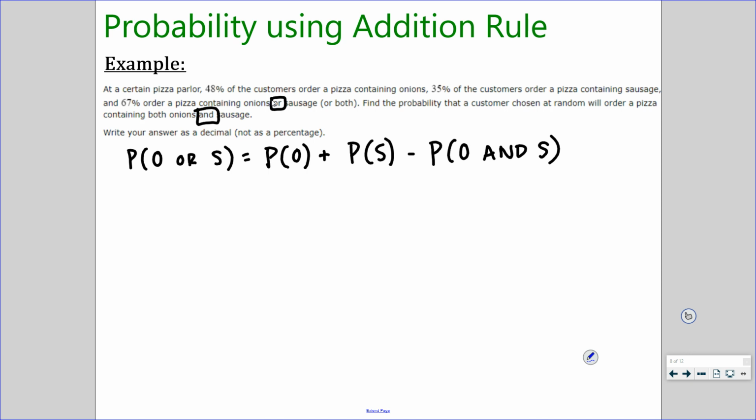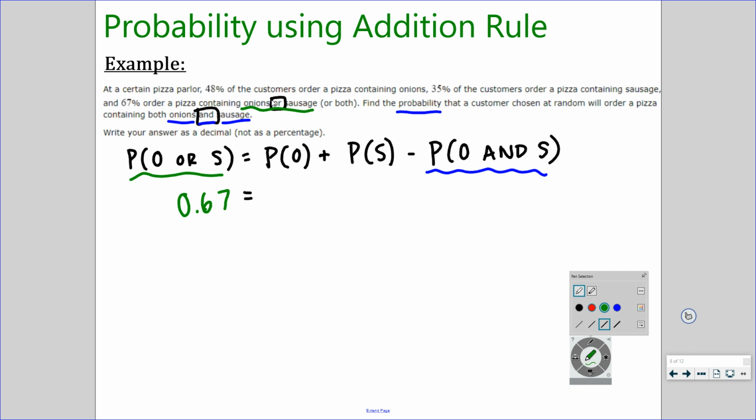This is what we're trying to find: the probability that they'll order onions and sausage. We know that the probability that the pizza will contain onions or sausage is 67%. I'm going to write it as a decimal. And we know the probability that the pizza contains onions is 48%.